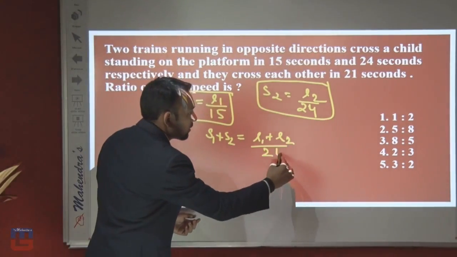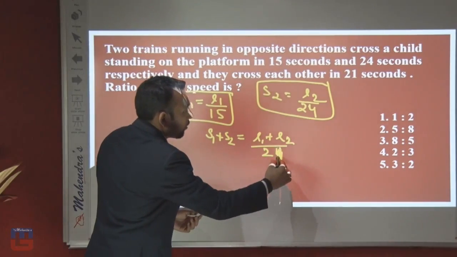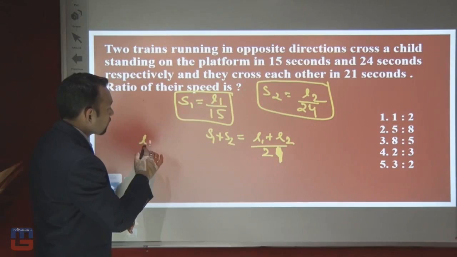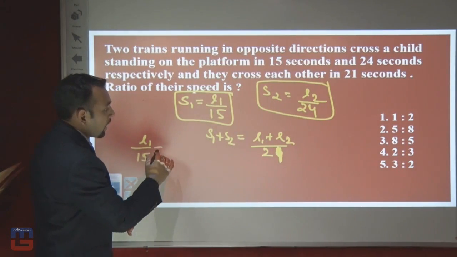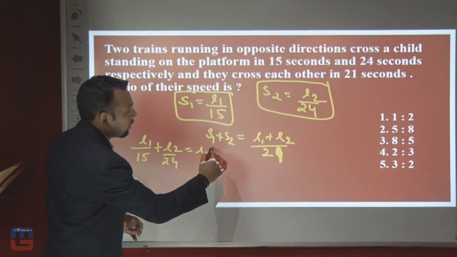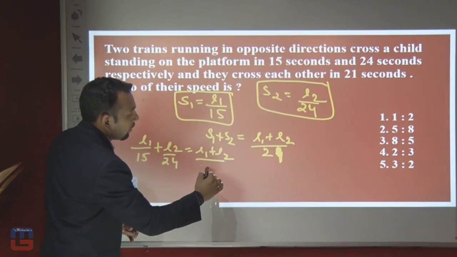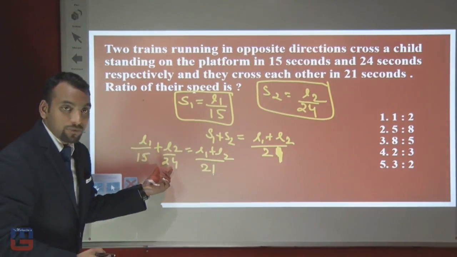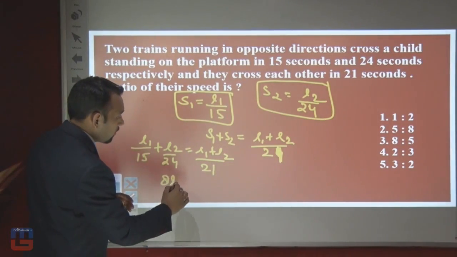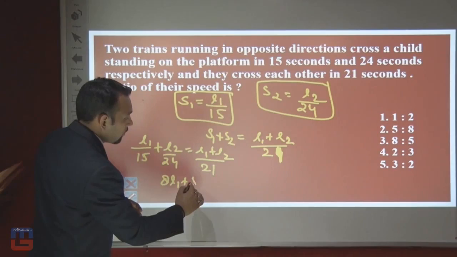divided by 21. So directly we can say S1 is L1 by 15, and here L2 by 24, and here L1 plus L2 by 21. Now see, the LCM of this will be 120, so 8 times, and this is 5 times.